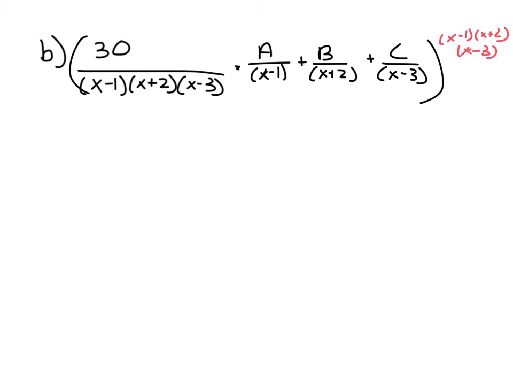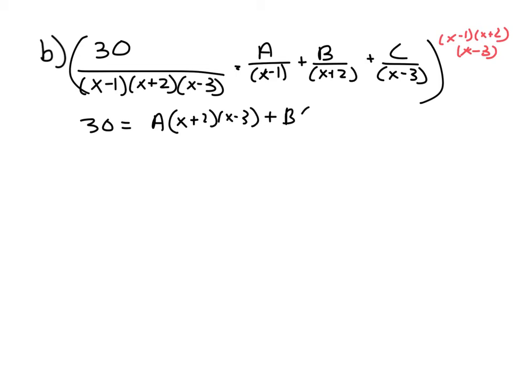Okay, so when I do that, on the left-hand side, everything on the bottom will cancel, and I'll just have that 30. And then on the right-hand side, I'll have A times, well, the x minus 1 will cancel, and I'll be left with x plus 2, x minus 3. So let's write that: x plus 2, x minus 3.